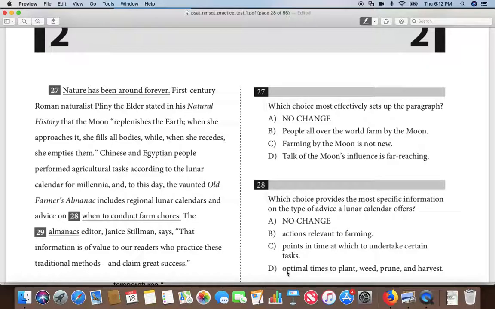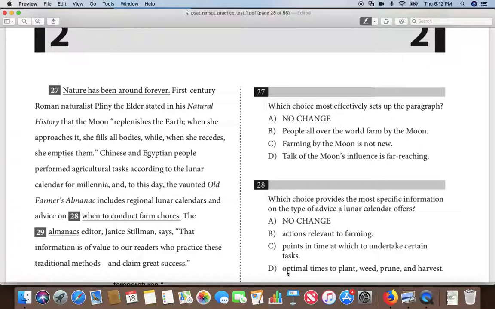Nature has been around forever. First century Roman naturalist Pliny the Elder stated in his Natural History that the moon replenishes the earth when she approaches it and fills all bodies, while when she recedes, she empties them.